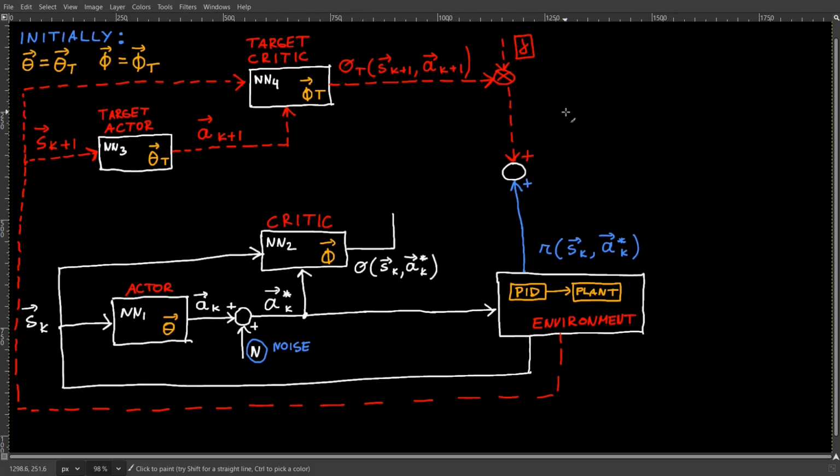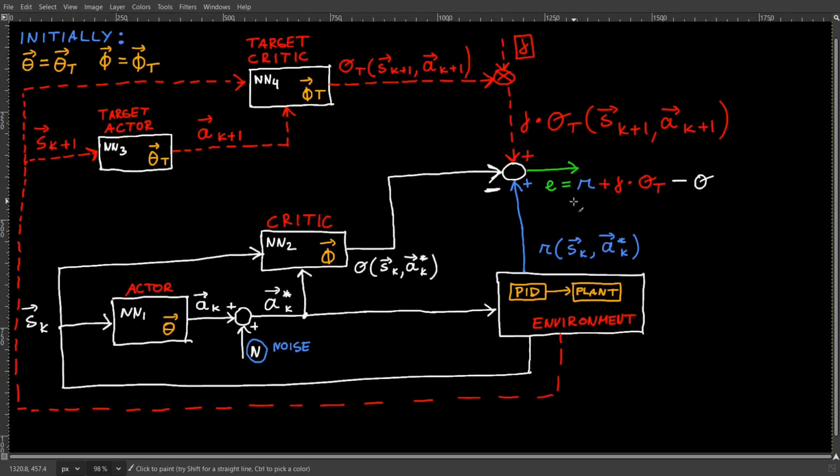I will then add this discounted future reward to the immediate reward, and from that I subtract the current Q value, and all that will give me this error that I will try to make zero over time using gradient descent. So what's the purpose of creating these two copies here?